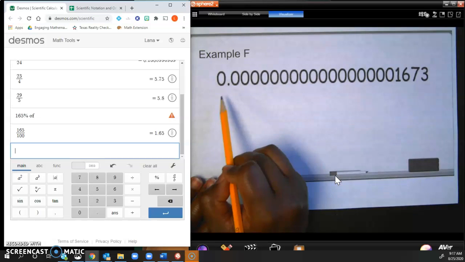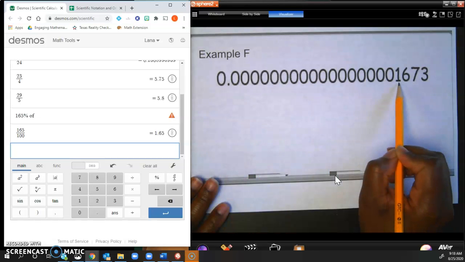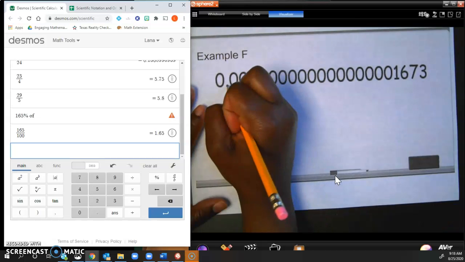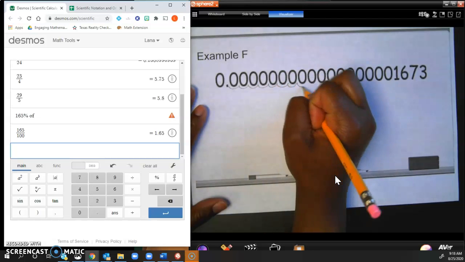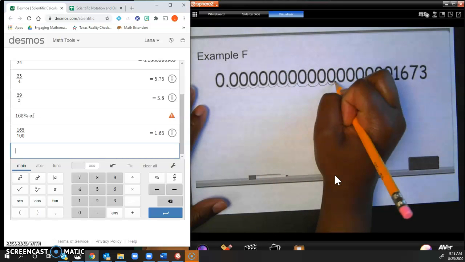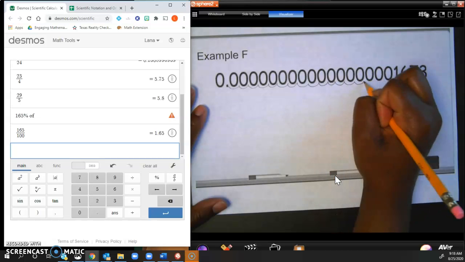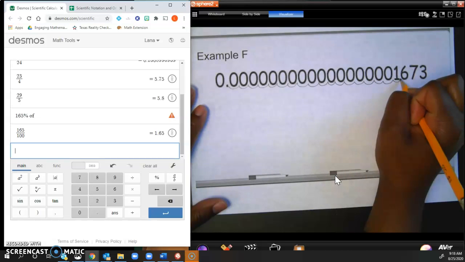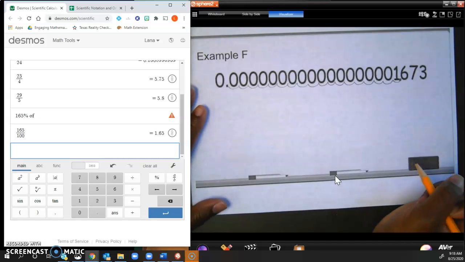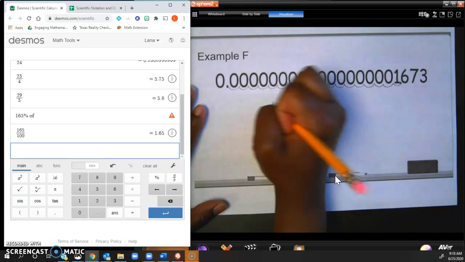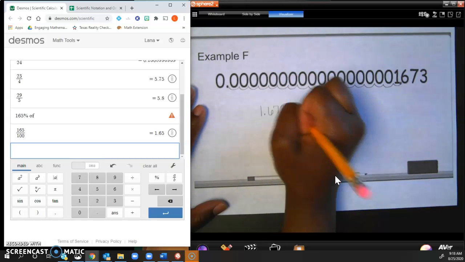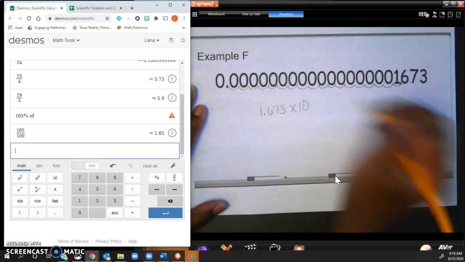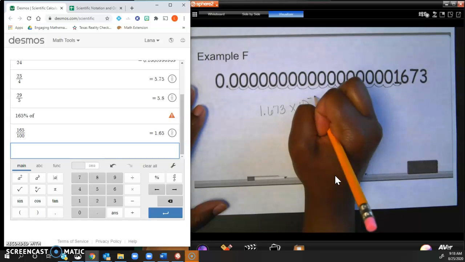And remember, you're going to move it until you only have one whole number in front of your decimal. So you have 1, 2, 3, 4, 5, 6, 7, 8, 9, 10, 11, 12, 13, 14, 15, 16, 17, 18. So now that I write it in scientific notation, it's going to be 1.673 times 10 to the negative 18th power.